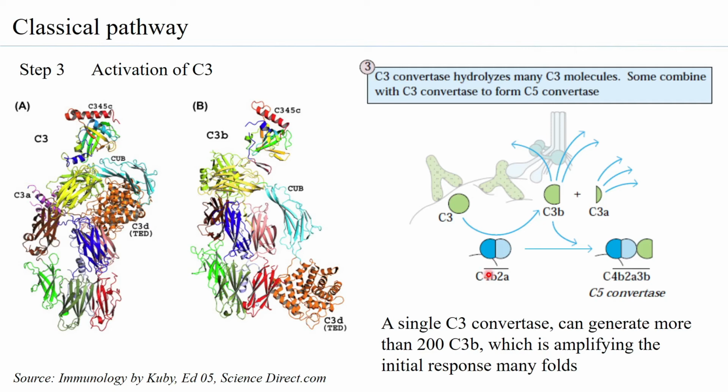But the other thing that is also important is that one single C3 convertase forming 200 molecules of C3b is a case of amplification. So the initial response has now been amplified.